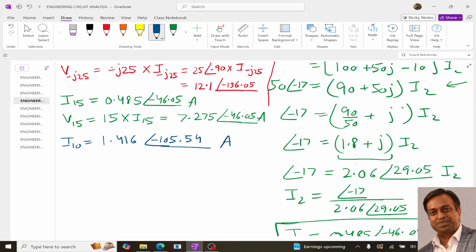Amperes. And the voltage will be 10 into I10, so it will be 14.16, and the angle remains the same, right? It is volt.